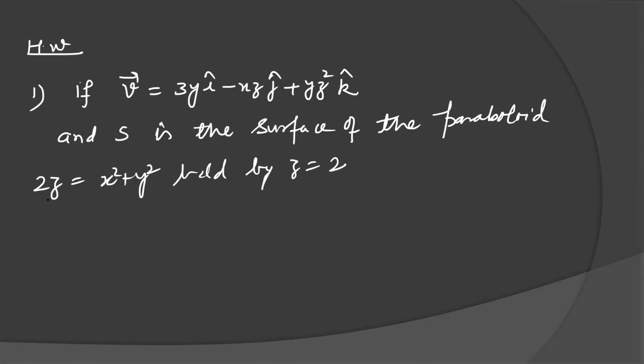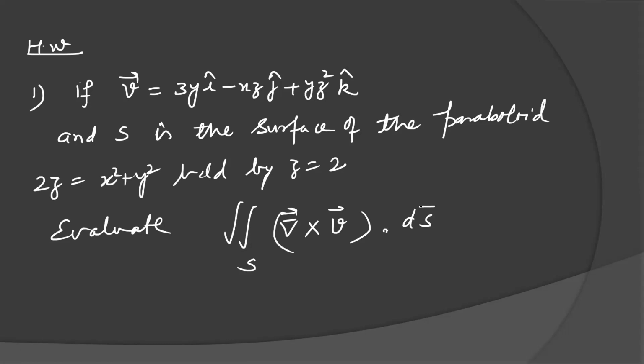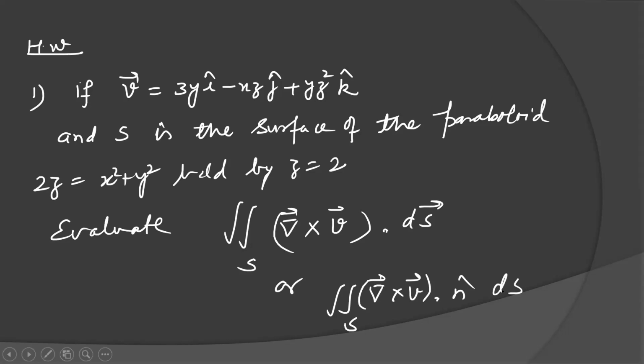If you put z equal to 2, the projection will be x square plus y square equal to 4. That is actually a circle. Evaluate del cross v dot ds vector, or you can say del cross v dot n cap ds.